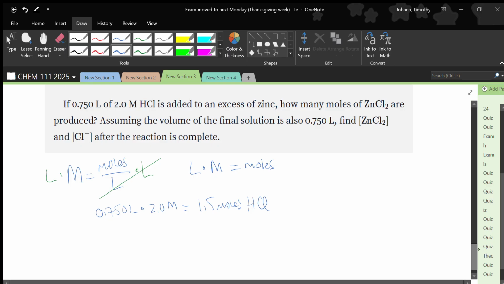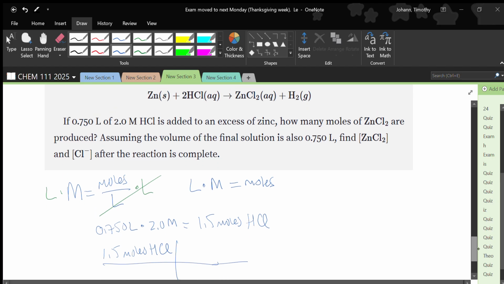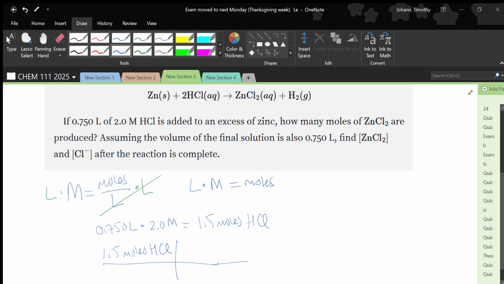So I'm going to start now with 1.5 moles of HCl. Now I need to go from moles to moles, so I need to use the ratios from my equation. If I have 2 moles of HCl, I will make 1 mole of zinc chloride. Does that make sense?